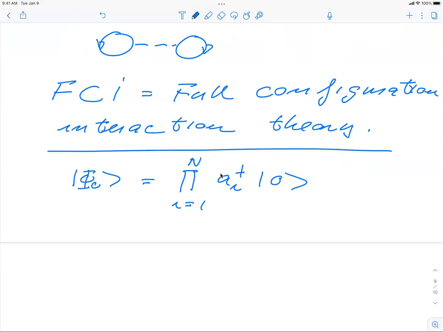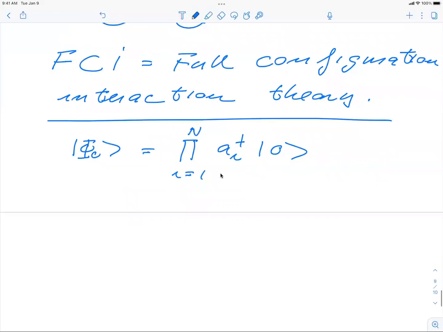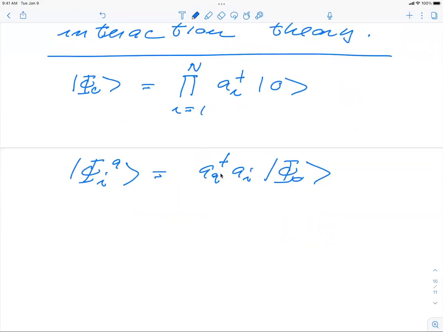And then we define these one particle, one hole states, etc. So let me just quickly remind you of that. So we would have |Φ_i^a⟩, which is now simply a†_a a_i here, multiplied with this vacuum state which we have. So these are all n-particle states. If I were to have two creation operators here, this would suddenly be n plus 2 many-body states.